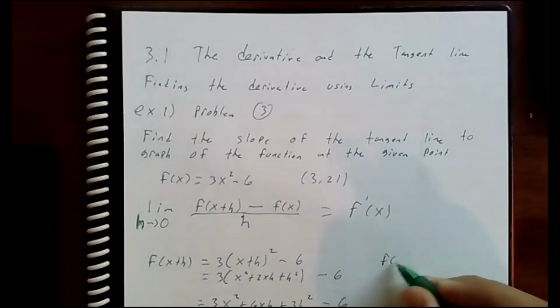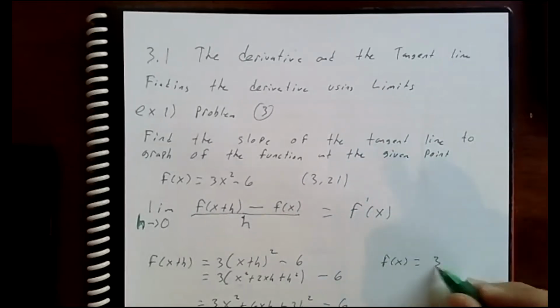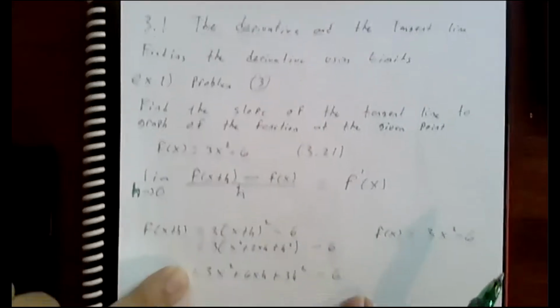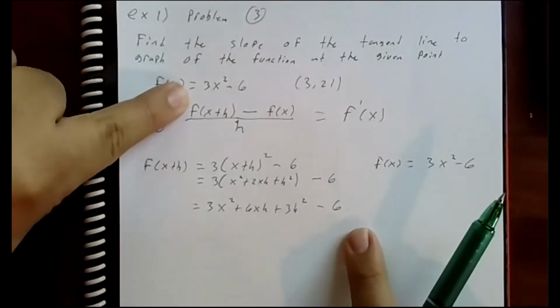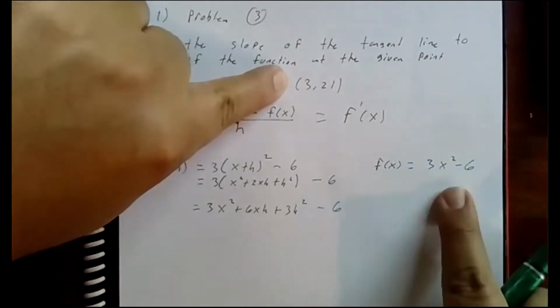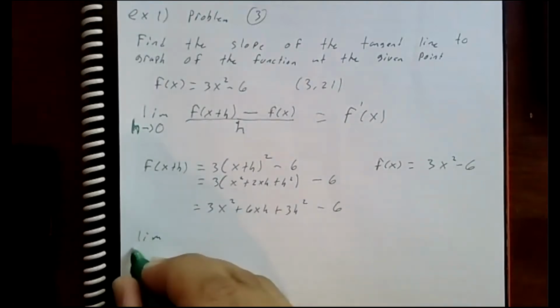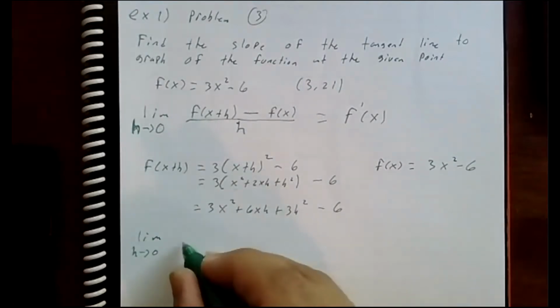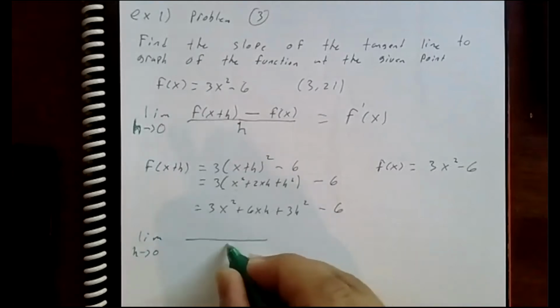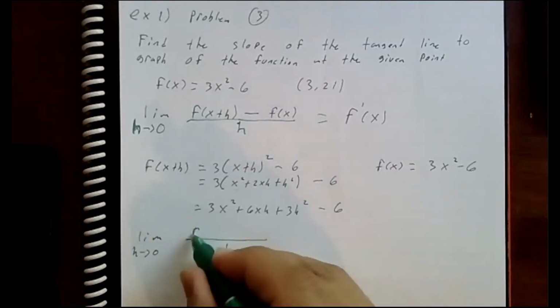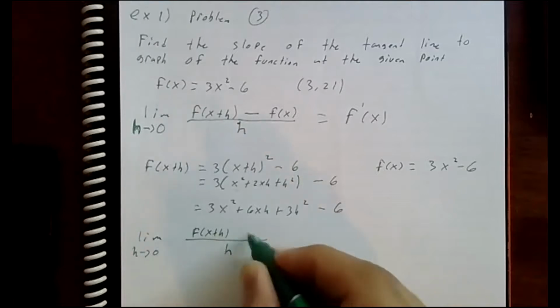And of course, f is already given. There's nothing to do there, right? It's just this. So we're going to plug this in up top here, and then subtract the original. That's all we're going to do. So the limit as h approaches 0, I'm going to write it one more time just for no reason.